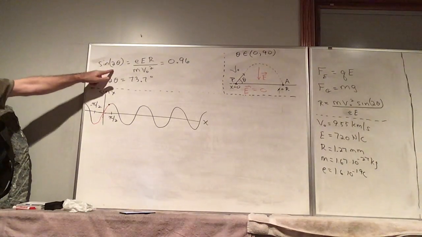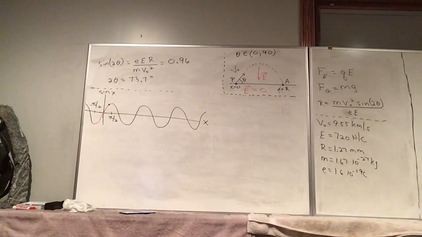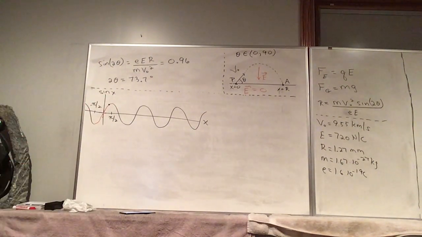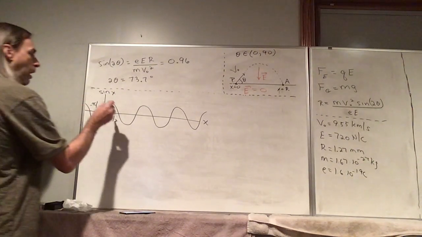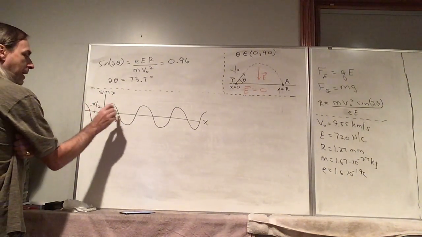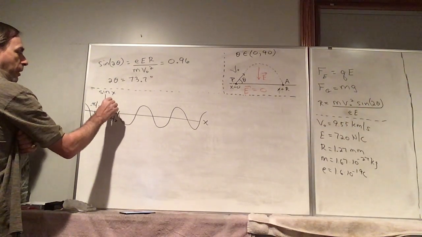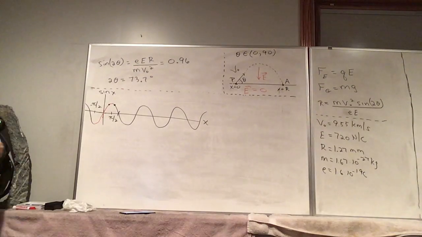And so 2 theta has to be between 0 and 180 degrees. So we want to look for all the solutions between 0 and 180 degrees. So let's see, this is 90. This is 180 degrees here. So we also want to find this solution.